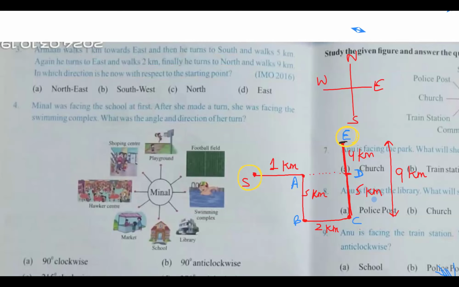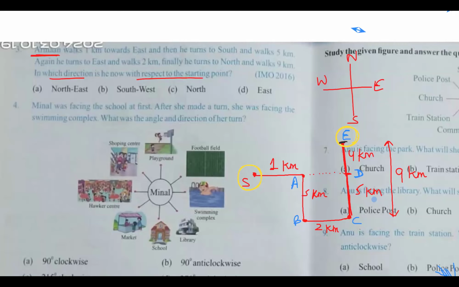See, Inaya, what was given in question number 3? Some instructions are given to us. Instead of angle change now, they have given us the instructions that there is a person, Arman, and he is walking towards these directions, taking several turns. Following these instructions we have to draw an arrangement, and then whatever question will be asked, we'll answer based on the arrangement that we'll make.